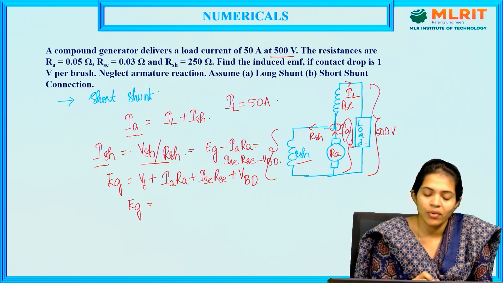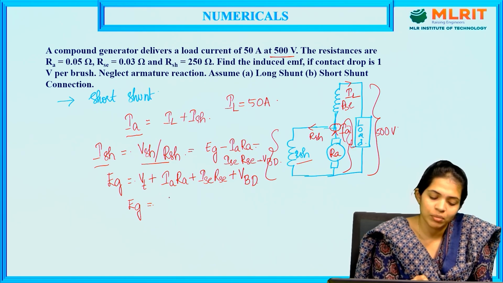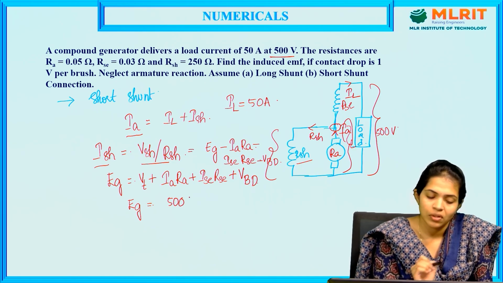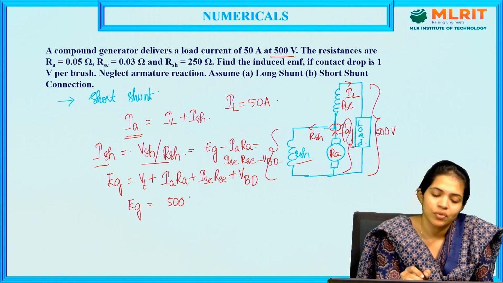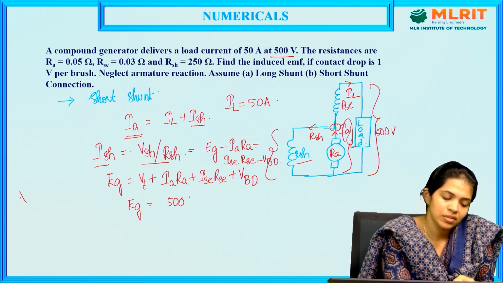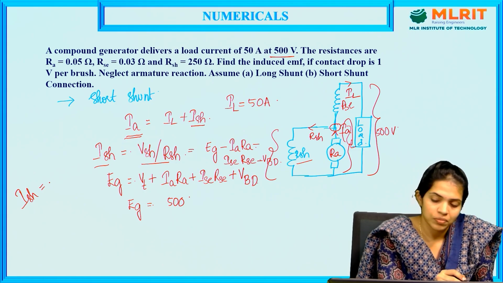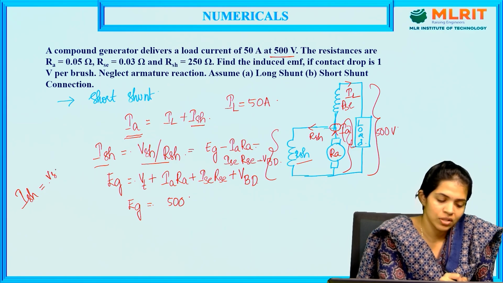So we are now coming to a conclusion that terminal voltage, we have already calculated the armature current in the previous case. So we have got the shunt current as VSH by RSH.